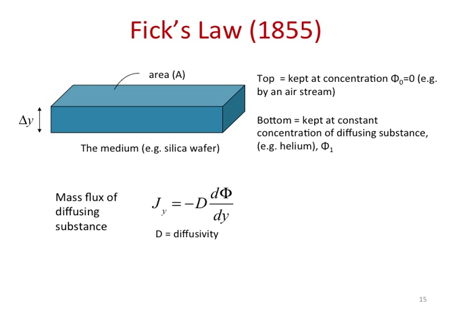But now I'm looking at the mass flux, J, and it's also diffusing if I assume larger concentration at the bottom. So let's say that I have some diffusing substance, for instance, helium, and this is some silica wafer, and so there's no fluid motion going on here. And I'm just diffusing up to the top plate, and my top plate is maintained at 0 concentration, for instance, with a fan or something of that sort.